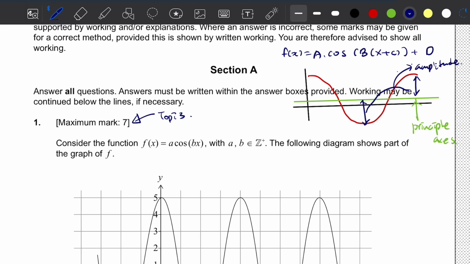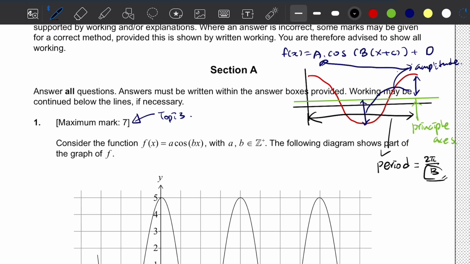The amplitude value is usually identified by the coefficient, the first number of your function. One full rotation of the graph is called the period, and you can calculate the period value using the formula 2 pi over b. The b we used here refers to this number here.